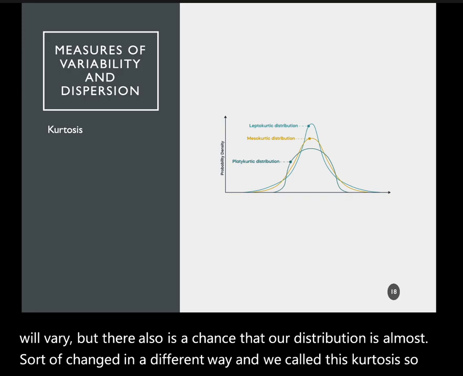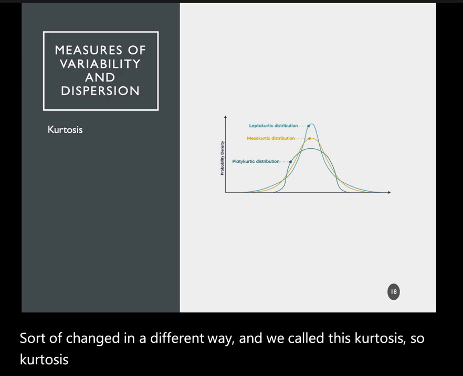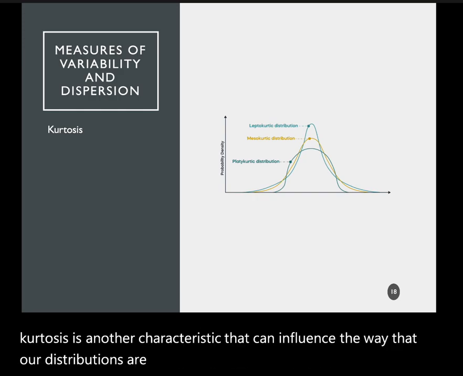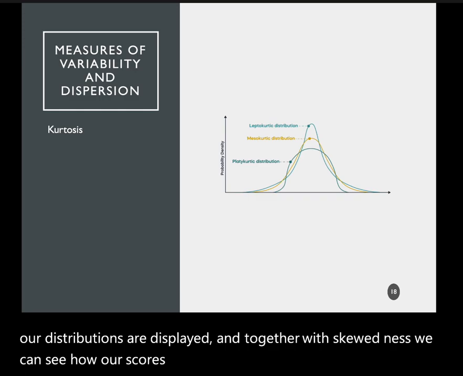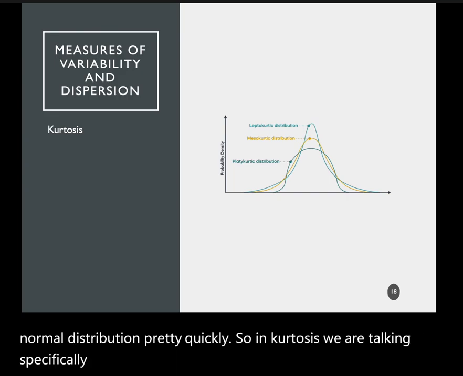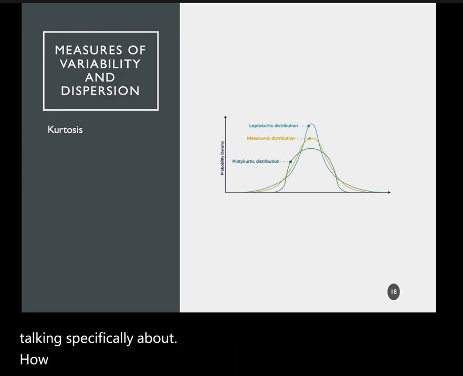Kurtosis is another characteristic that can influence the way that our distributions are displayed. Together with skewedness, we can see how our scores can begin to deviate from a standard normal distribution pretty quickly. In kurtosis, we are talking specifically about how pointy or flat our data distribution is.